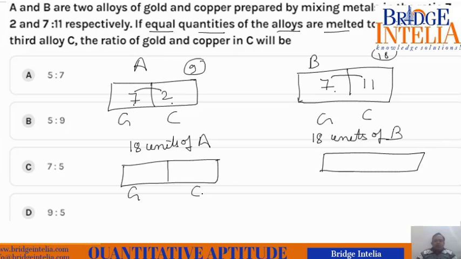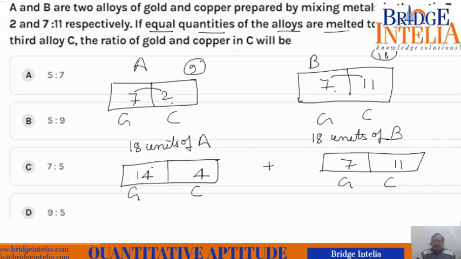So gold, copper, gold, copper. In the first alloy, you have taken 18 units. How much is gold? 7 out of 9 parts, so 14 and 4. Similarly for 7 and 11. If you combine these two mixtures or alloys, you will get a third alloy.